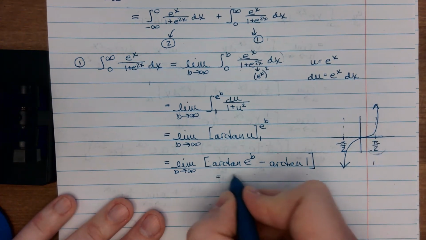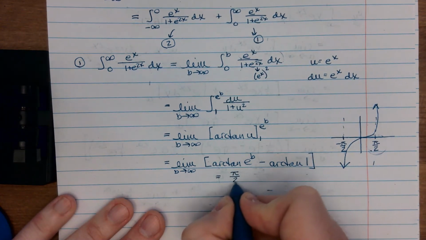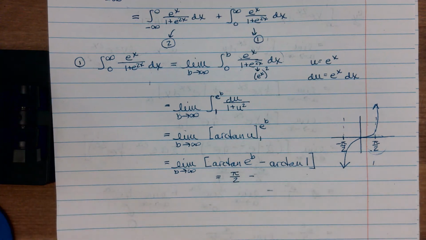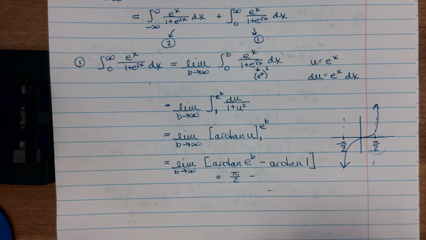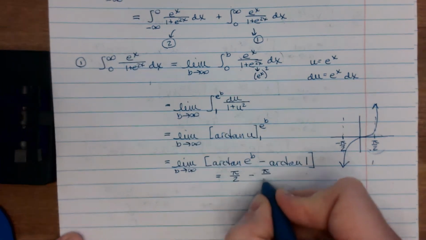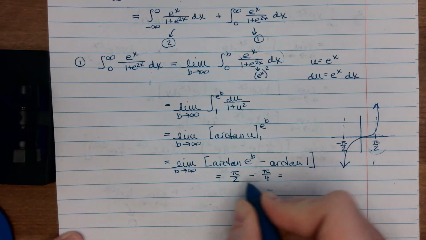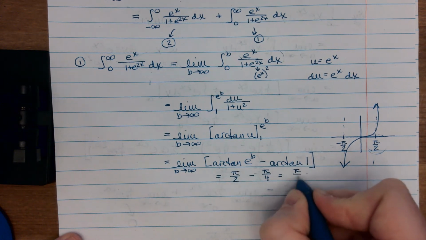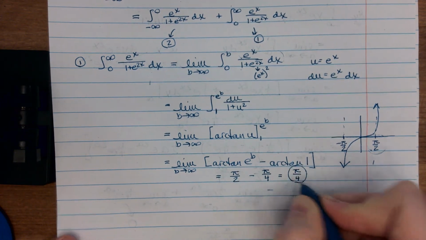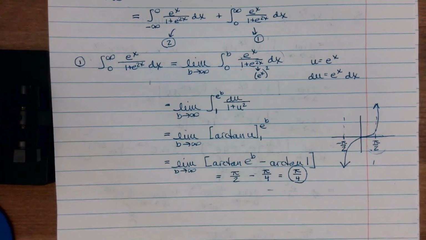It's pi over 2. What angle has a tangent of 1? Hopefully you were thinking pi over 4, because sine and cosine are the same there. Subtract 2 pi over 4 minus 1 pi over 4 gives us pi over 4. Not the final answer, but I'm halfway there.